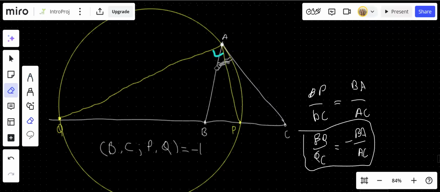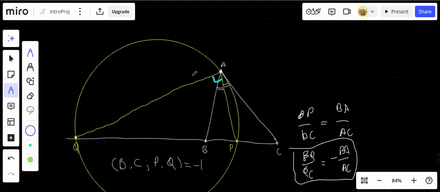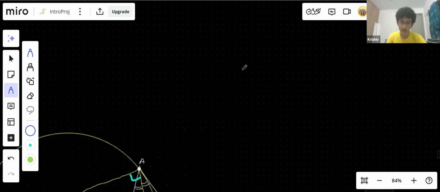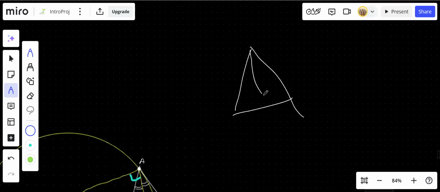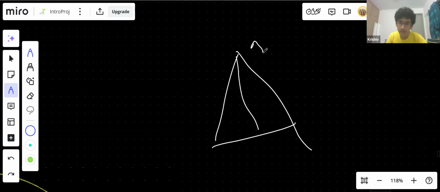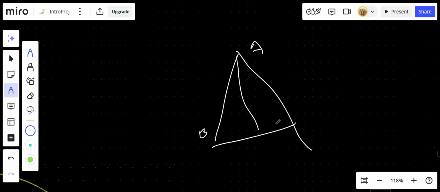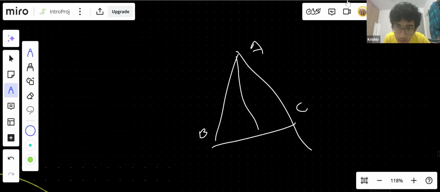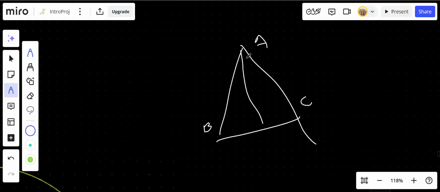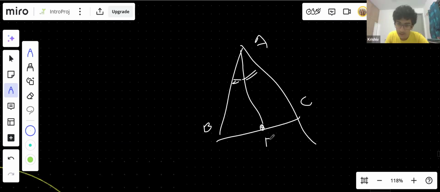Why? Like the angle bisector theorem, right? Angle bisector theorem is basically like, for internal we have BP over PC is BA over AC.